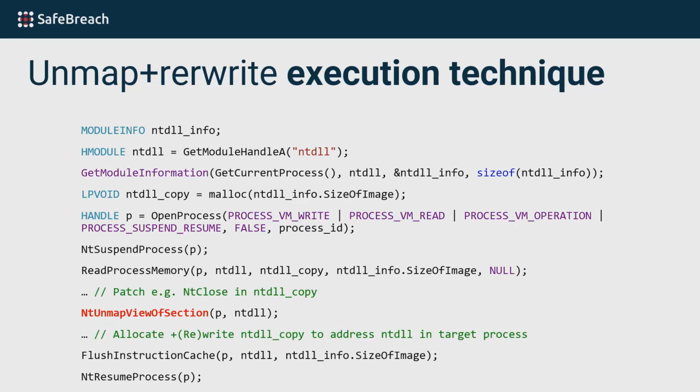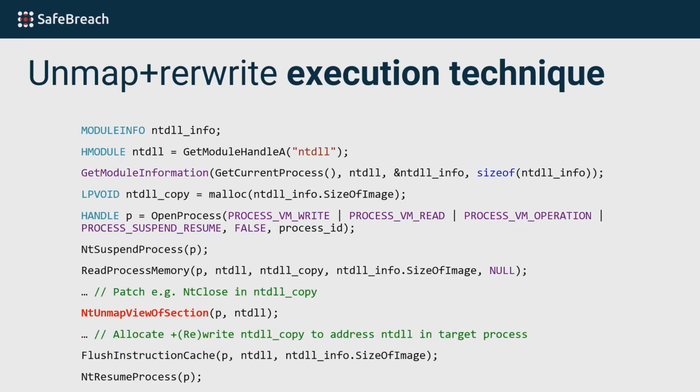To do so, we copy the original content of the whole NTDLL region to the malware process, then patch some functions of NTDLL like NtClose, and then write this data back to the target process once we unmap the original NTDLL. Otherwise, the process is very likely to crash because of inconsistencies.